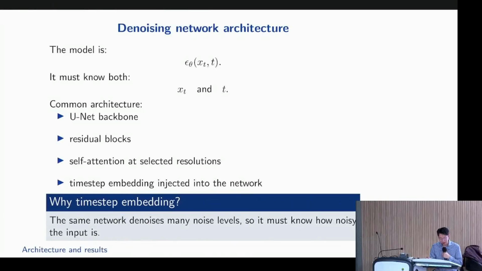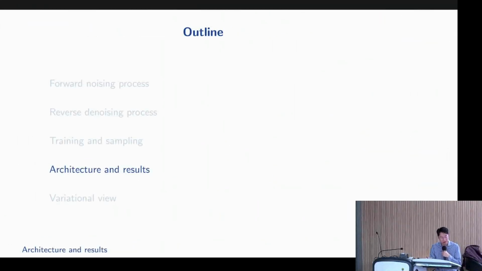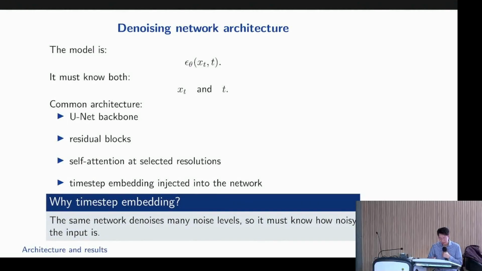So how about the architecture? We haven't talked about this yet. So okay, so model is the noise prediction model, and the inputs are t-step noise image and time step. So the common architecture is a unit backbone.